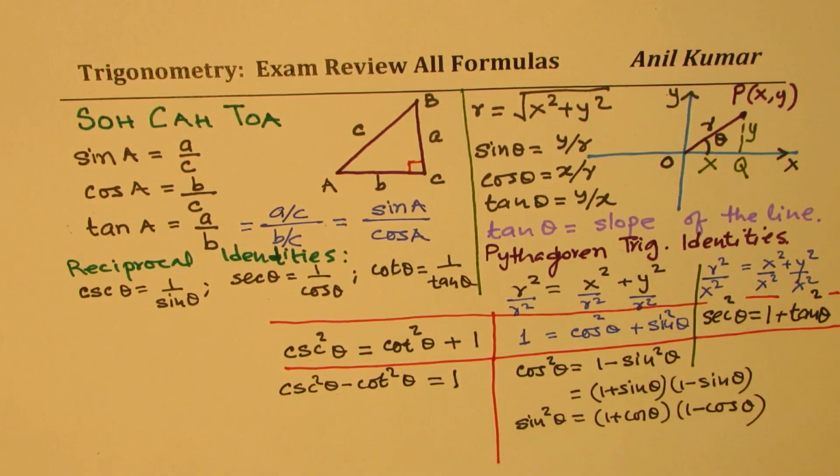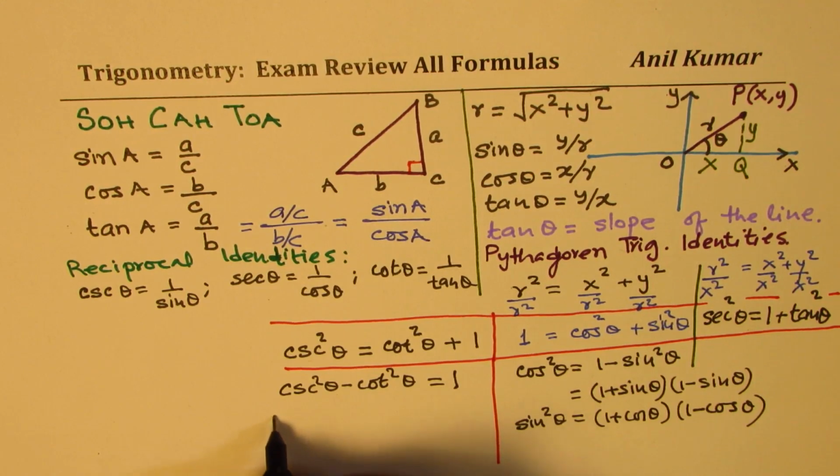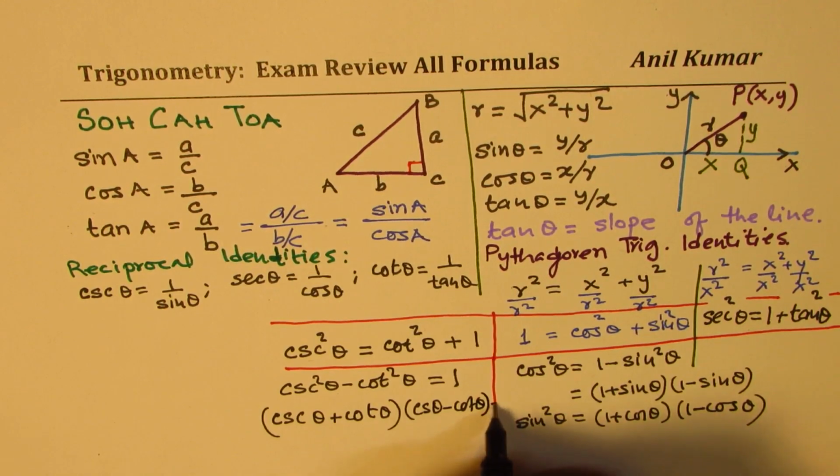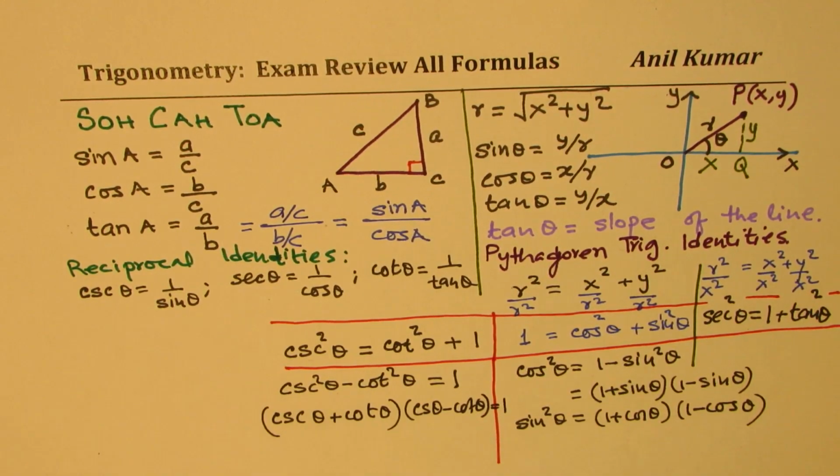Now this is a difference of squares, correct? So I could always write this as cosecant theta plus cot theta times cosecant theta minus cot theta equals 1. Do you see that part? So we can always use this particular formula to really get many more related formulas from what we have.